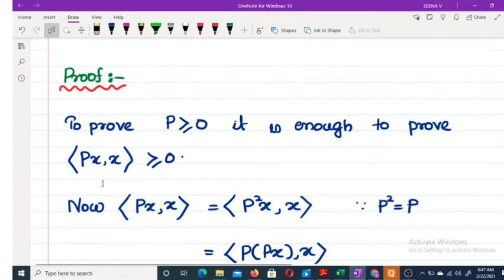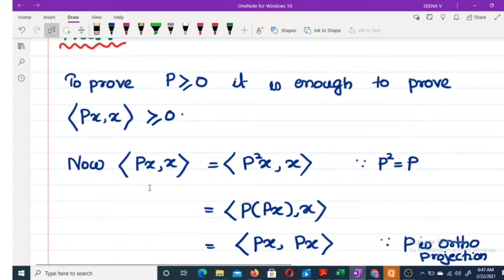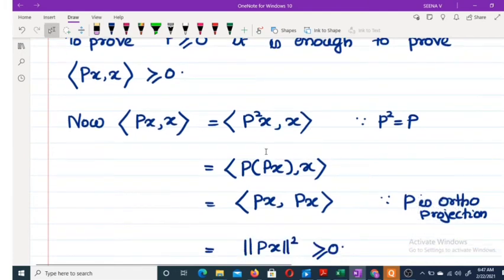We have to prove inner product of ⟨Px, x⟩ ≥ 0. Now ⟨Px, x⟩ is equal to, you can replace P by P square because P is a projection. ⟨P²x, x⟩. And P² you can write as ⟨P(Px), x⟩.